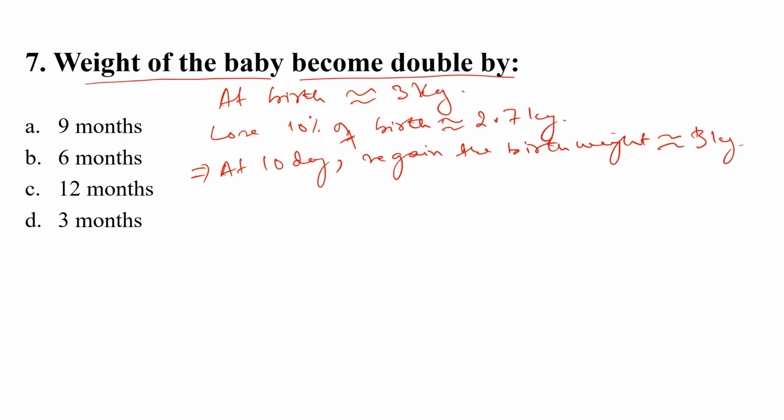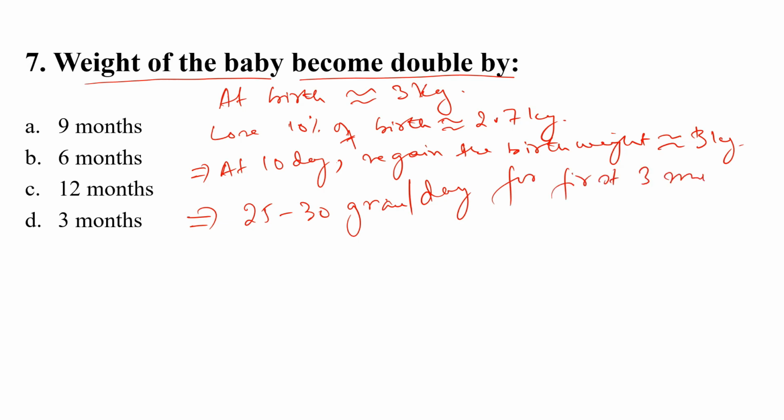Then the baby will subsequently gain around 25 to 30 grams per day for the first 3 months of life. After that the baby will gain around 400 grams per month for the remaining time, from 3 months till 12 months.